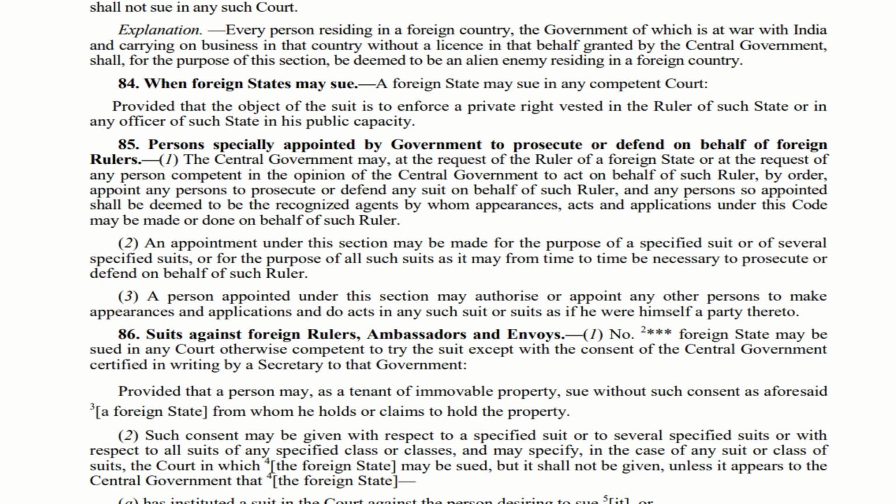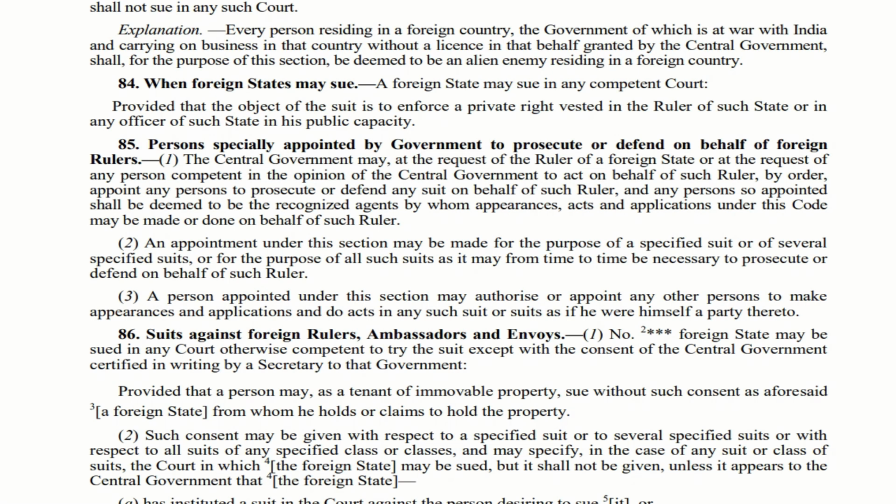For example, there may be continuous cases. For example, some case may be filed in 2023, some case may be filed in 2024. So, combining all these things, a single appointment can be made. So, a person can be appointed on behalf of a ruler and he will be conducting all the cases whenever it arises. Let us move to subsection 3 under section 85.